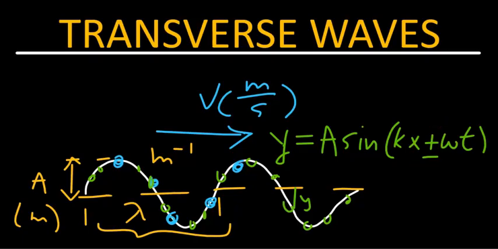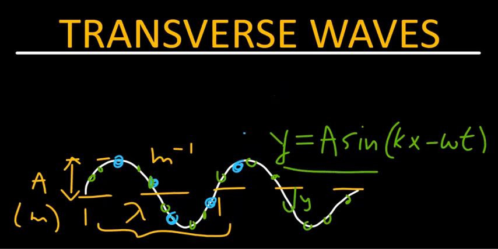If the direction of propagation of the wave is to the right, then we choose minus. If the propagation of that wave is to the left, we choose the plus sign. Simple as that. So in this case, we are dealing with the propagation to the right, so that means we should have a negative sign over there in that expression, like that.